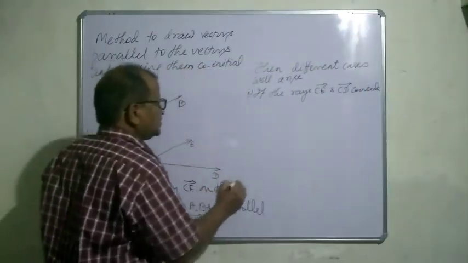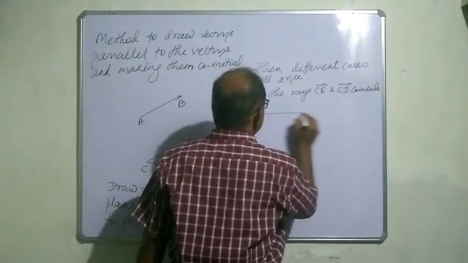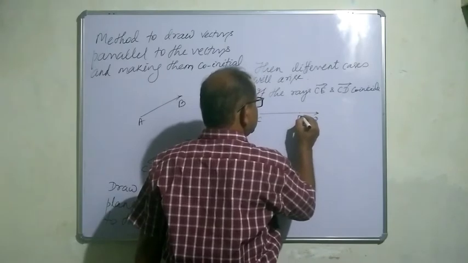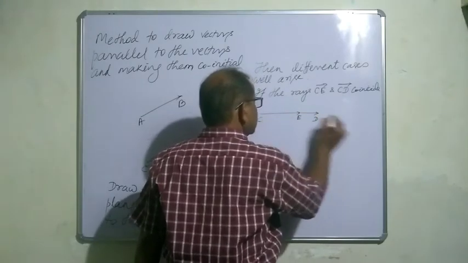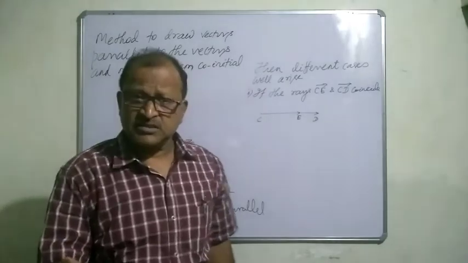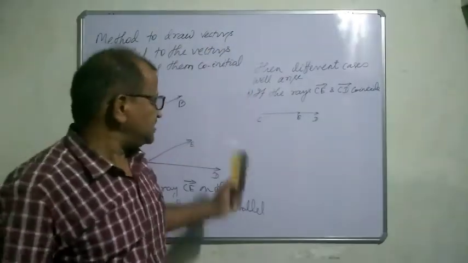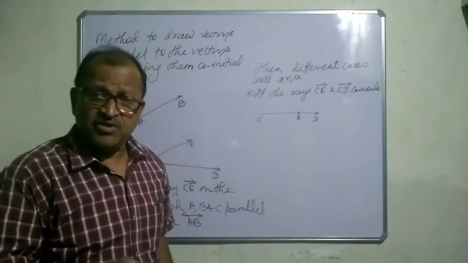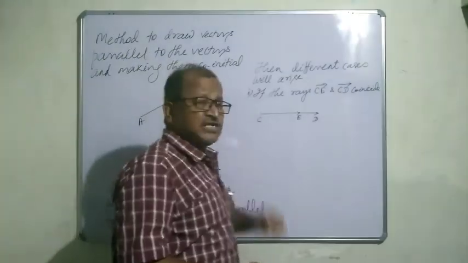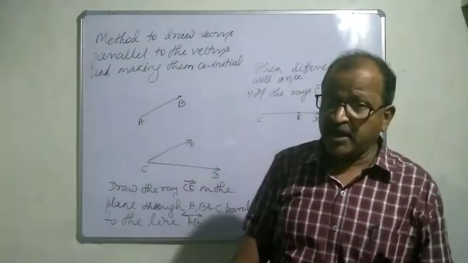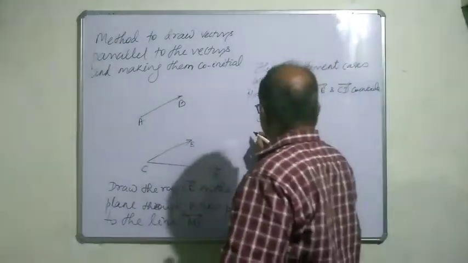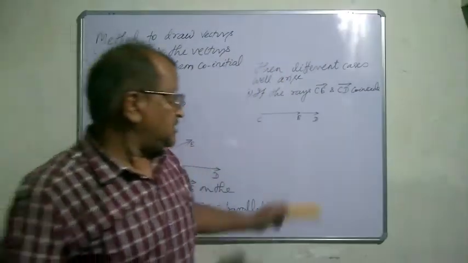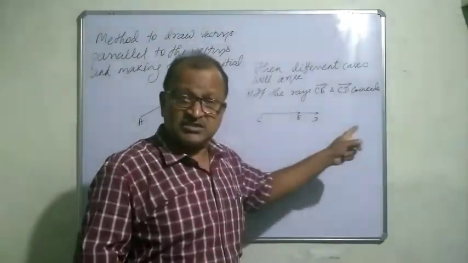That means here CD, suppose E is here. Yes, if you take them as rays, CE, CD, you see they will be the same ray, because rays have a starting point but no end point. So CE ray is the same as CD ray, not the vector. They are not vectors, suppose they are rays.